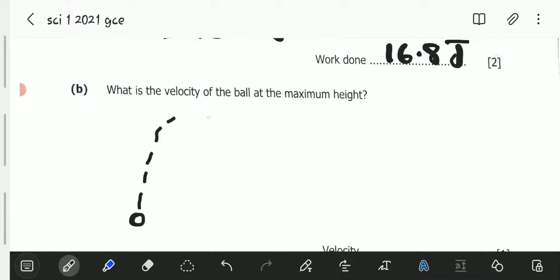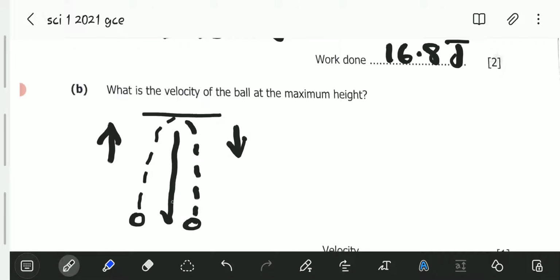When it reaches the maximum height here, the ball or the object should stop going up and start coming down. So at the maximum height, h, the object should stop before it can start coming down.